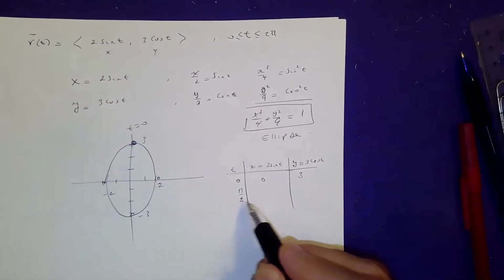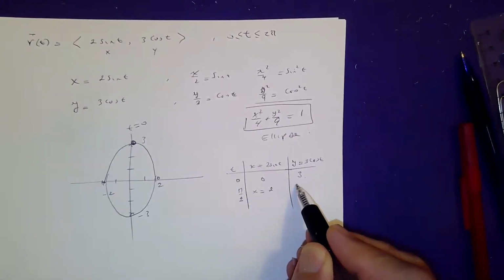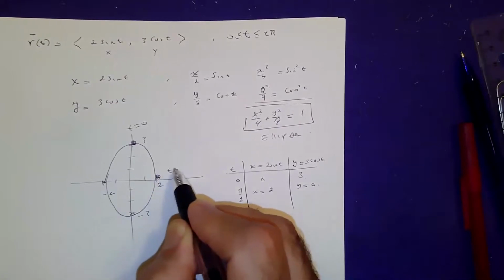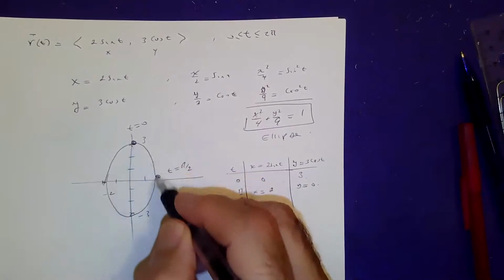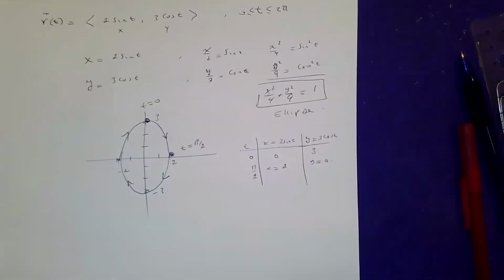Pi over 2 seconds later, you are at 2 and 0, you are here. So looks to me I'm going from here to here, so therefore the direction of the curve is clockwise.